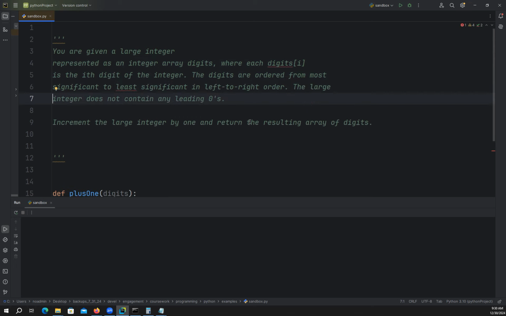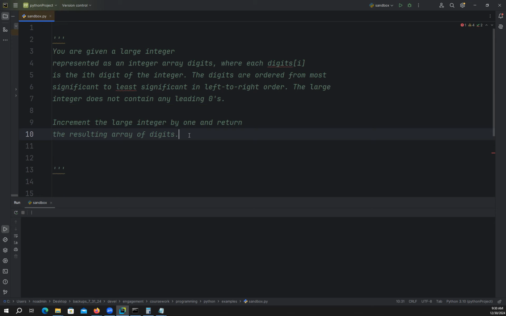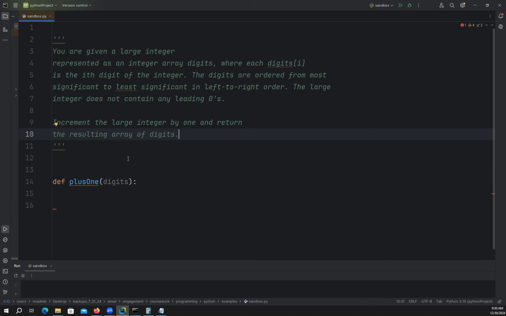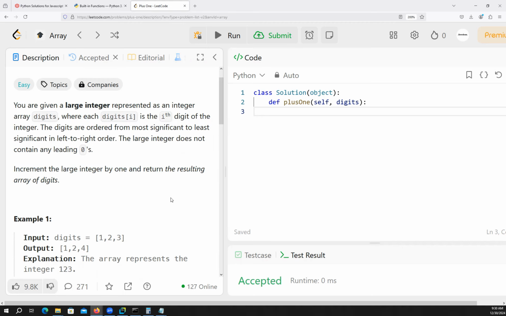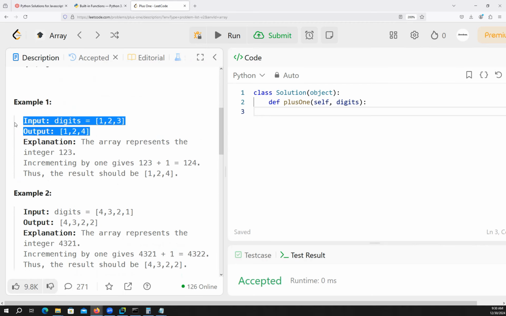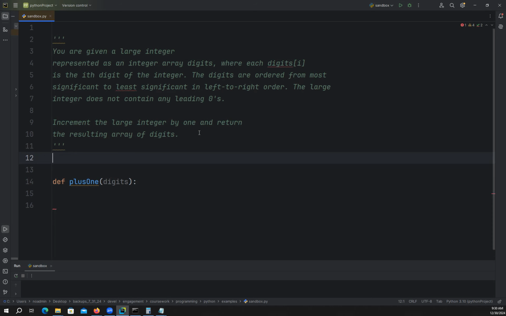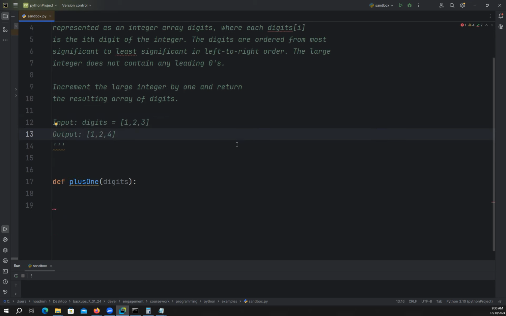Hopefully this doesn't obscure what I'm trying to do. All right. And let's get a test case in here. Yep, dropping that test case.